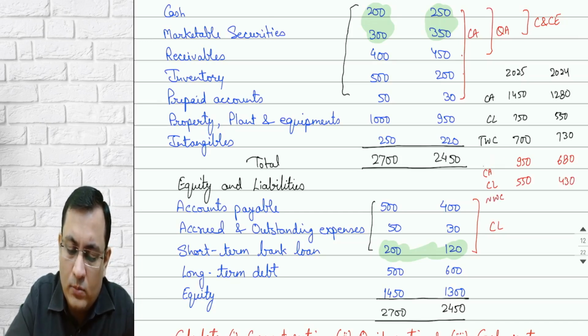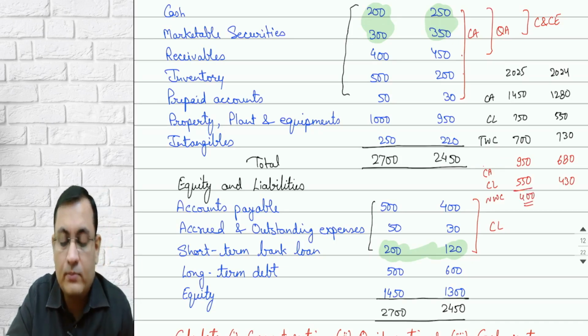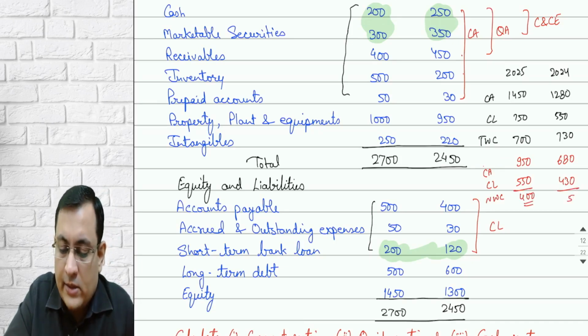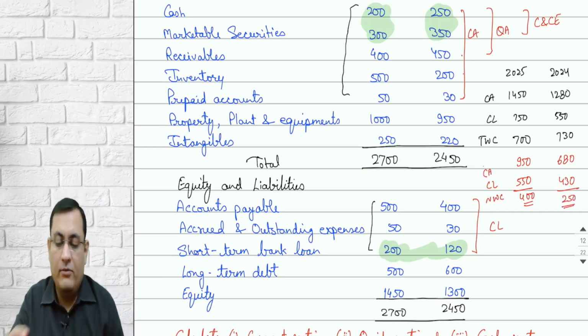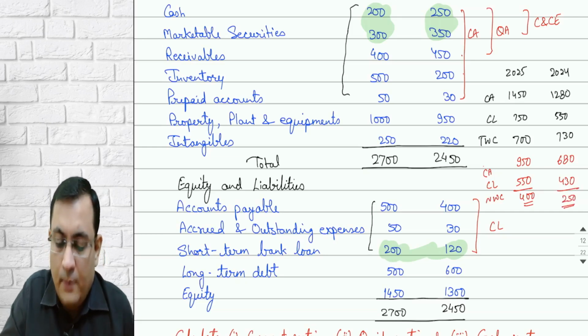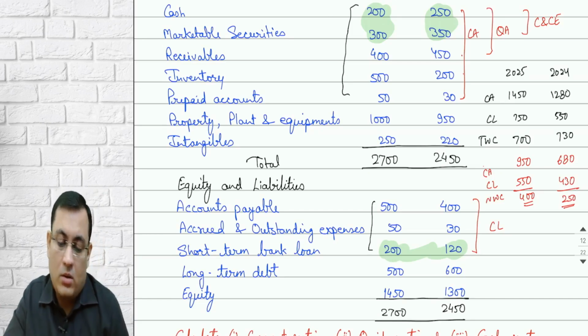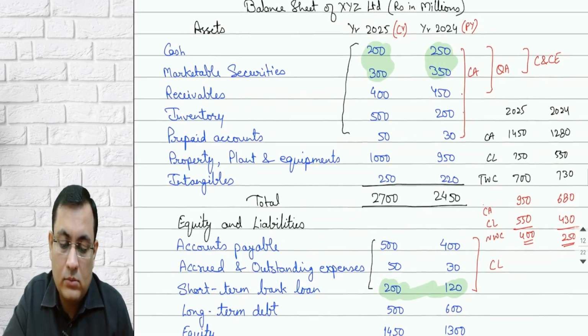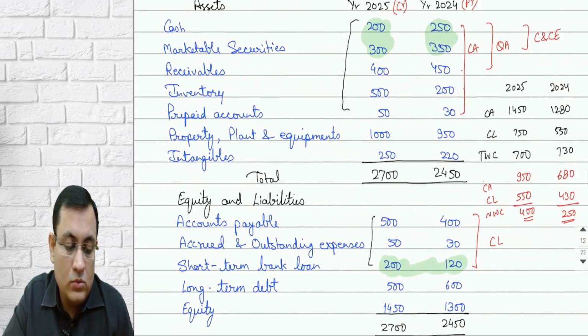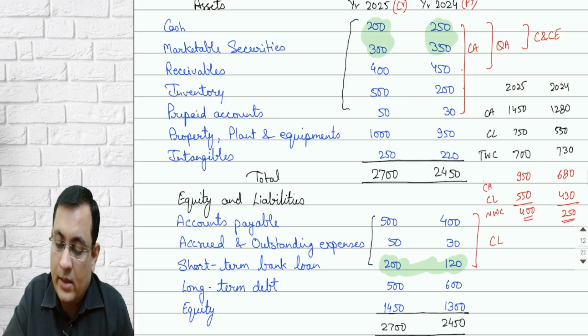NWC in this case is equal to 400, and in this case it is 250. From 250 we are now up to 400 million rupees, correct? 430, correct? 600, 680, that is also correct.